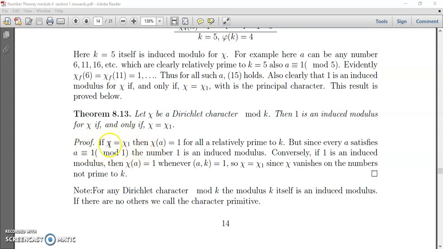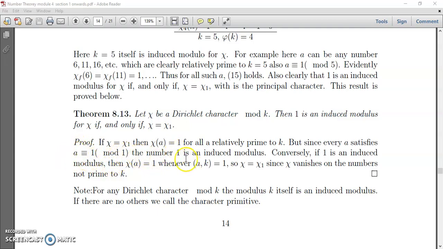In that case, for any a, we have chi of a is 1 for a relatively prime to k. In other cases, if a is not relatively prime to k, then the value is 0. So you could see that a is congruent to 1 mod 1, because it is true for all integers.